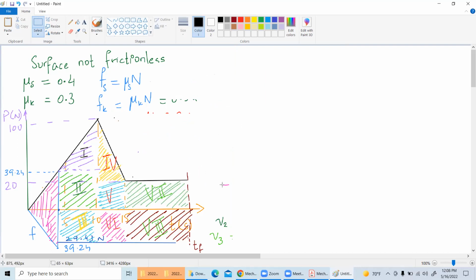Okay, now solve the problem. The problem says that you have the same object that I showed you last time. This time around, however, this is the mass. Please bear with me.